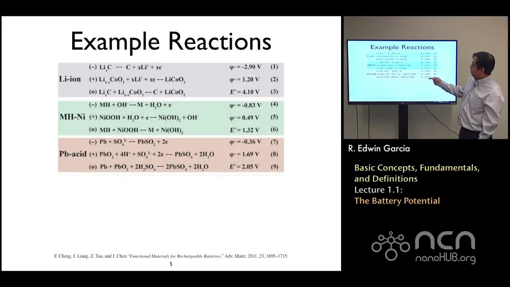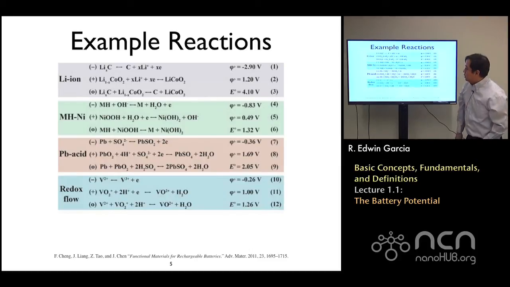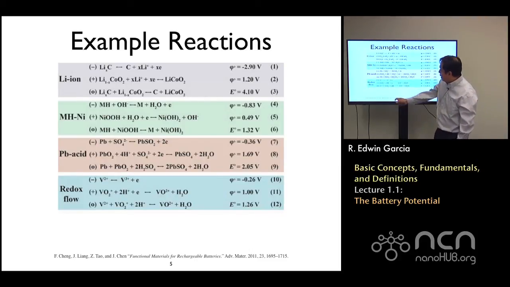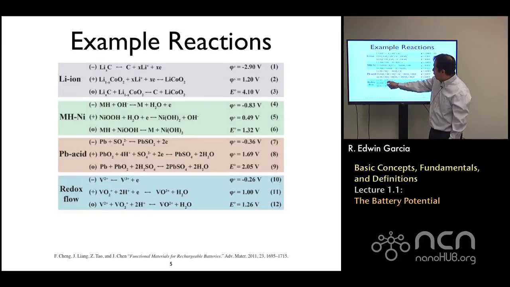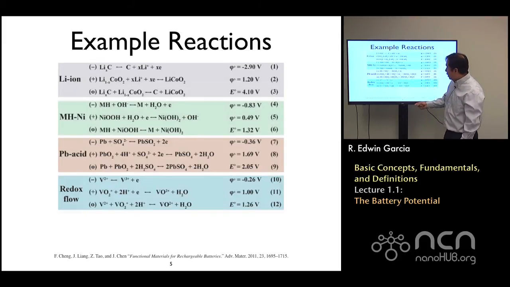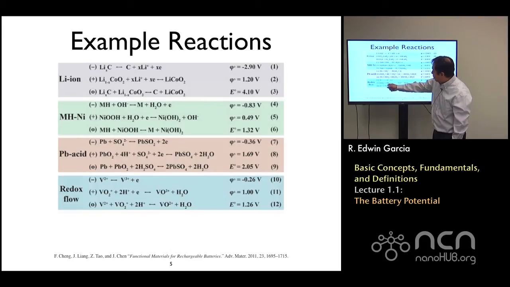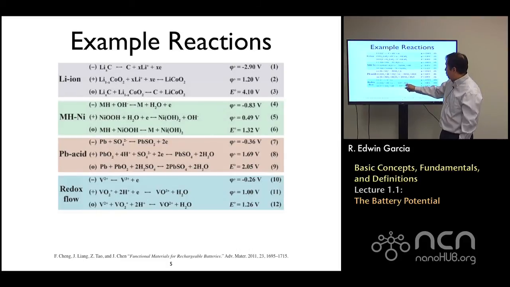There are advantages and disadvantages of all 3 chemistries. Here's one more, just to complete it. This is a redox flow reaction where you have a vanadium that basically gets further ionized, giving away 1 electron. While in the other case, we provide a hydrogen with that electron, making the vanadium oxide become a +2 state plus water.